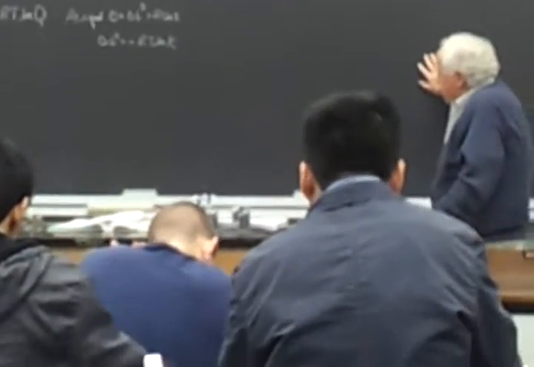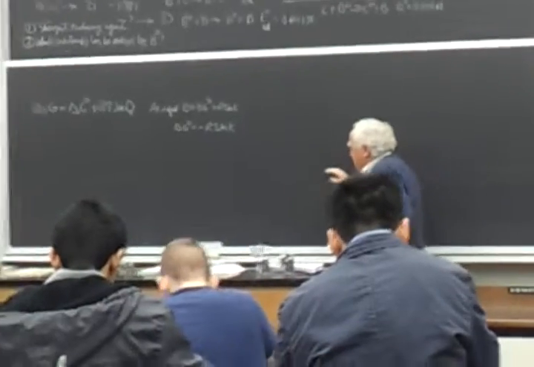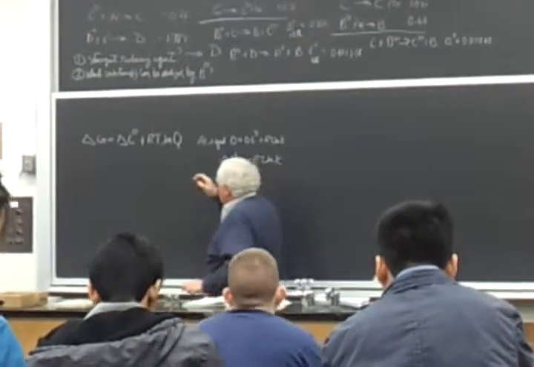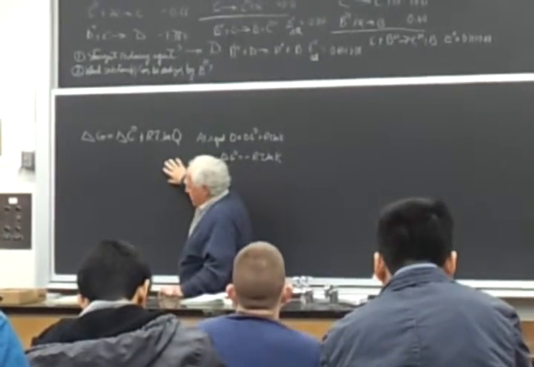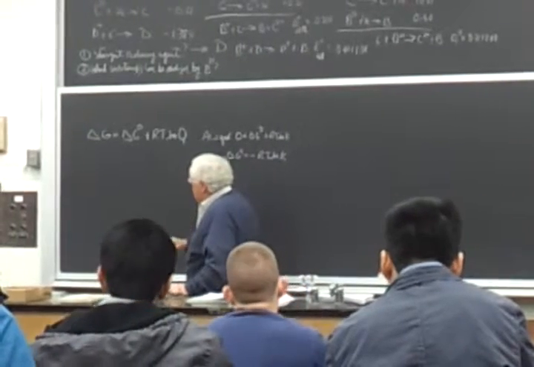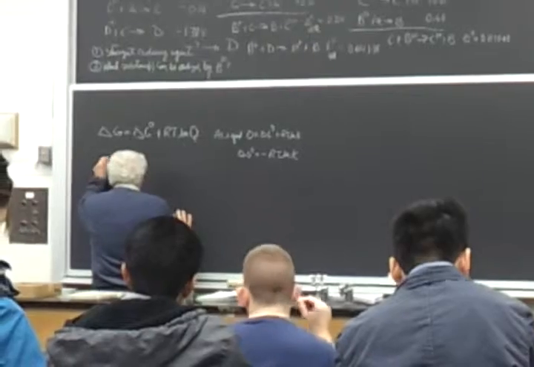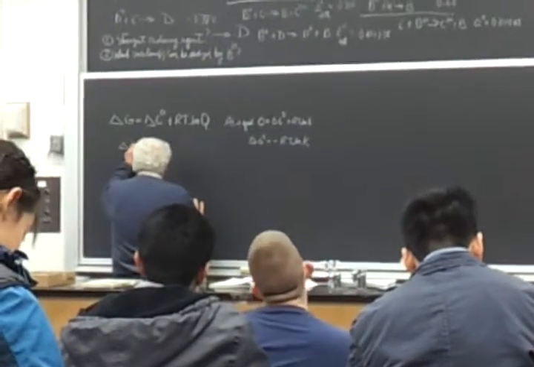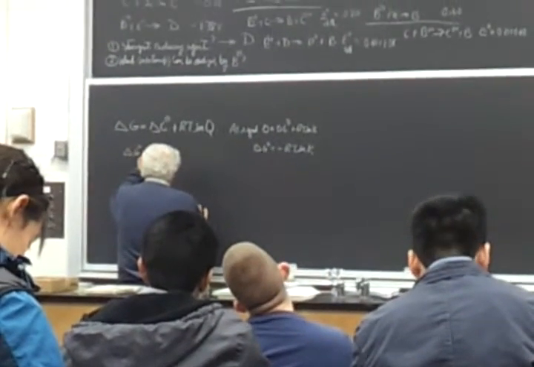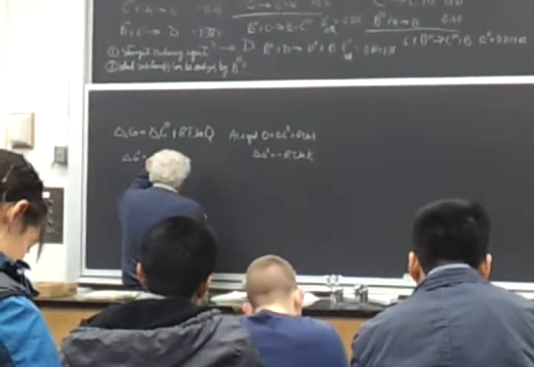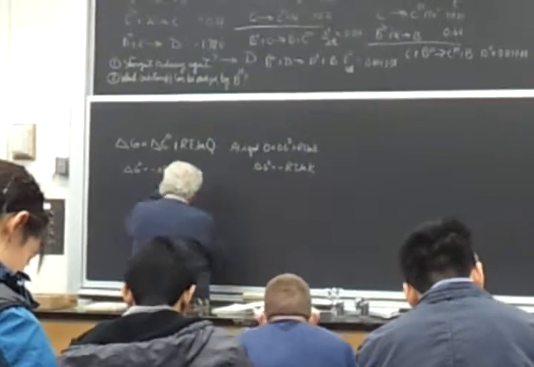Well, now we're going to use this very same relationship to take care of the problem we talked about in terms of reduction potentials, concentrations not being at standard values. The important fact for us to remember is that delta G0 is equal to minus nFE0.